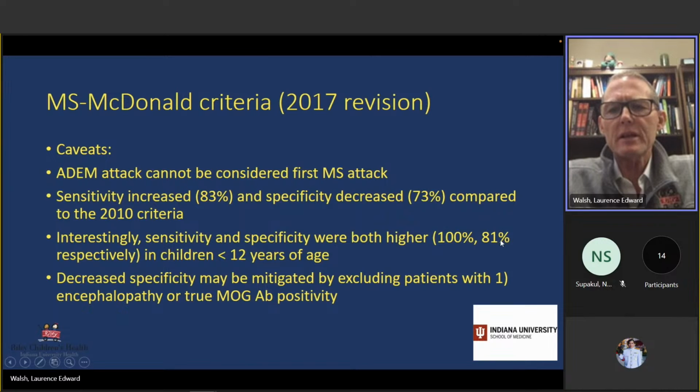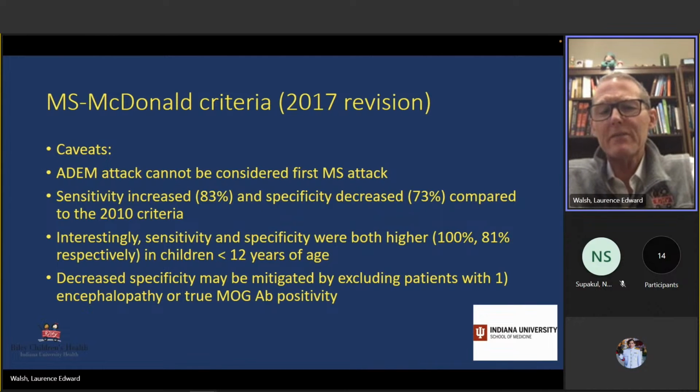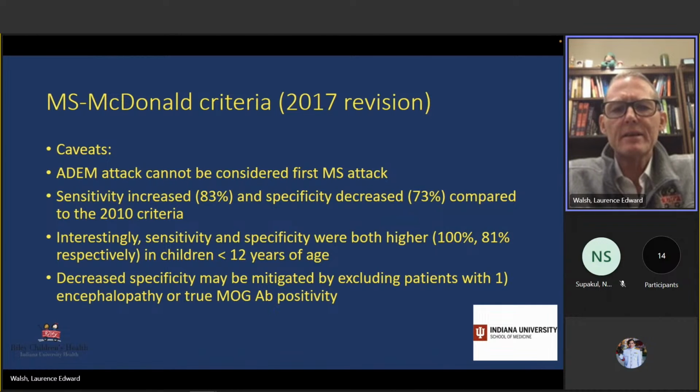Specificity is better than in adults, interestingly, although it's still not where you quite like it, because you think, okay, if I'm going to make a diagnosis of MS in a 6-year-old, then I'm going to put that child on a neuroprotective agent, some sort of a disease-modifying treatment, and that can have some pretty significant side effects. And so you have to be careful there.